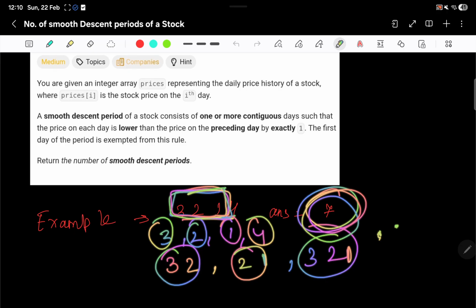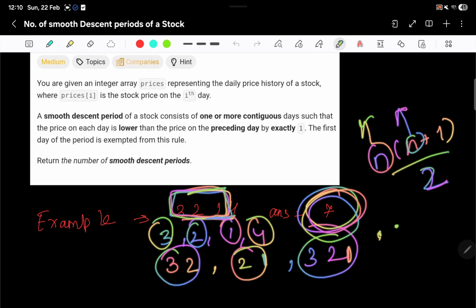So one of the formulas for finding subarrays is n into n plus 1 by 2, right? So here n is the length of the subarray, but in our case, what will n be? n will be the length of a valid subarray. What is a valid subarray? A valid subarray is a subarray which follows this rule, that each day is lower than the preceding day by exactly one, right?